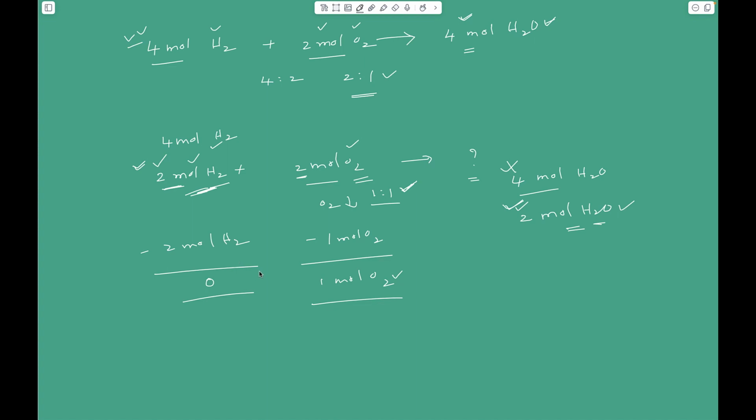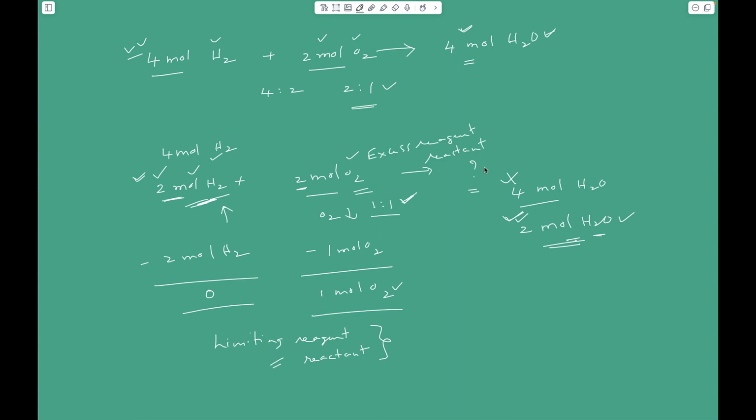That is why this reactant that is present in lesser amount is called the limiting reagent or limiting reactant, because it is this reactant that imposes a limit or a restriction on the amount of product formed.